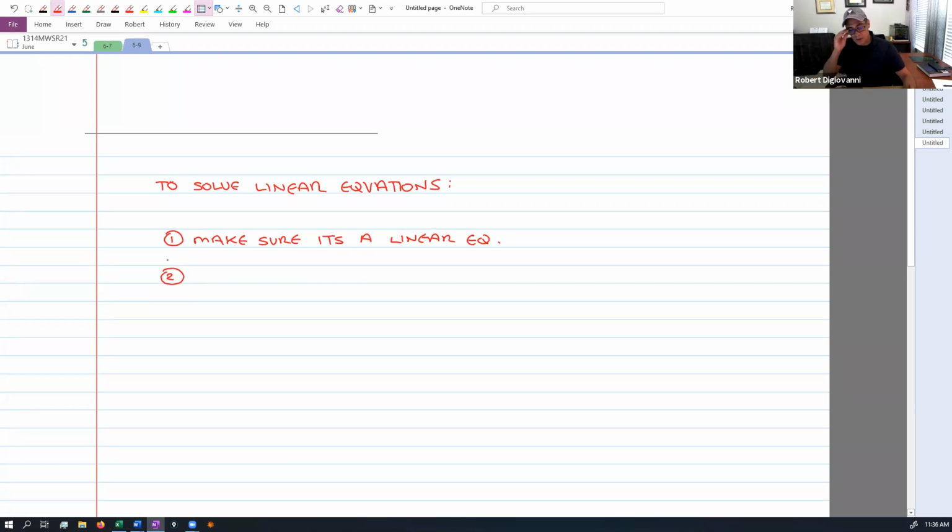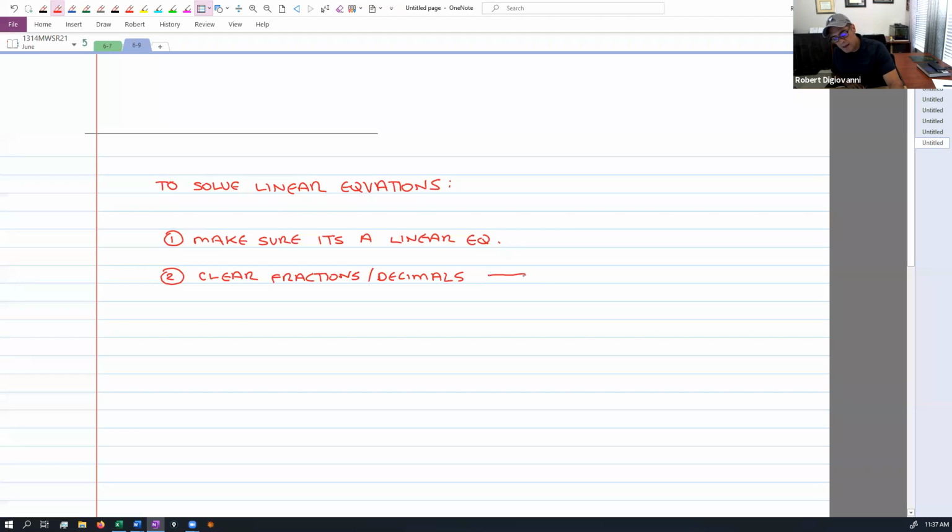Second step is to clear fractions or decimals.